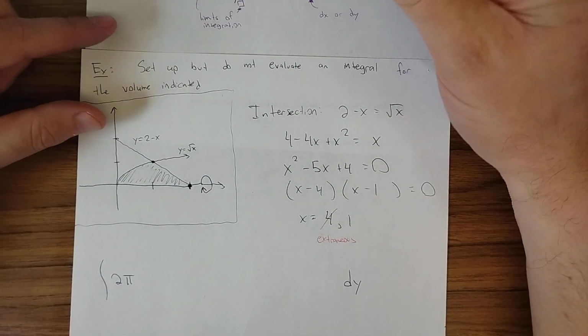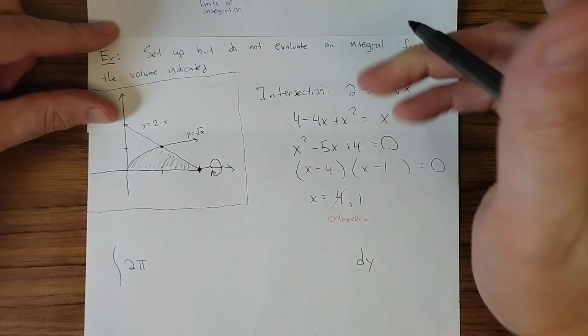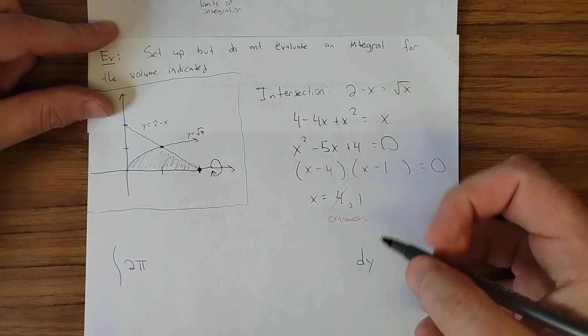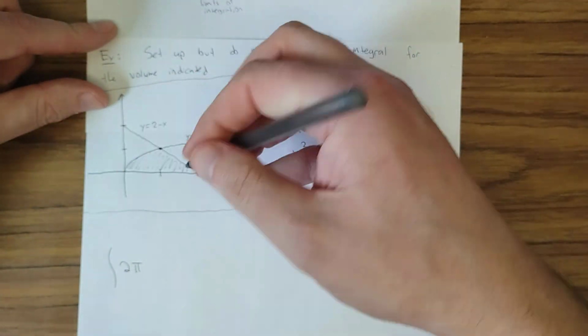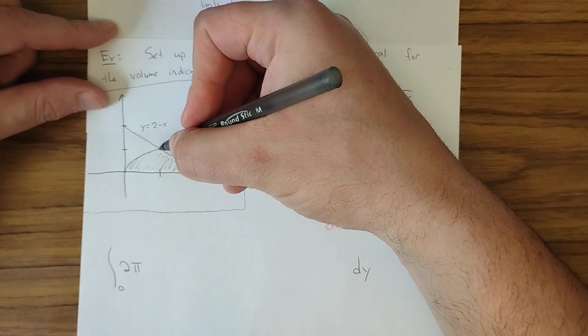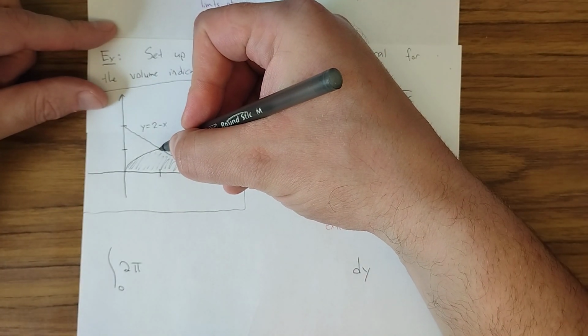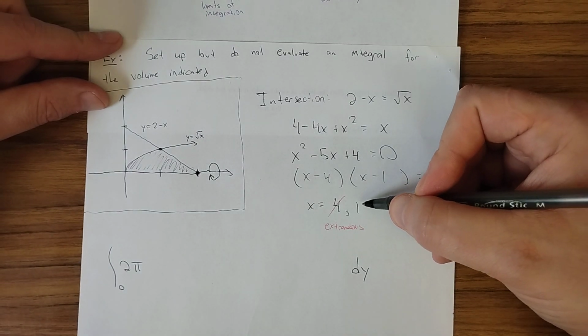All right, I need to fill in the limits of integration. And since I just wrote a dy, these are going to be y values. So y is going to go from 0 up to whatever the y-coordinate of this is, which technically I didn't figure out, so let me figure that out real quick.